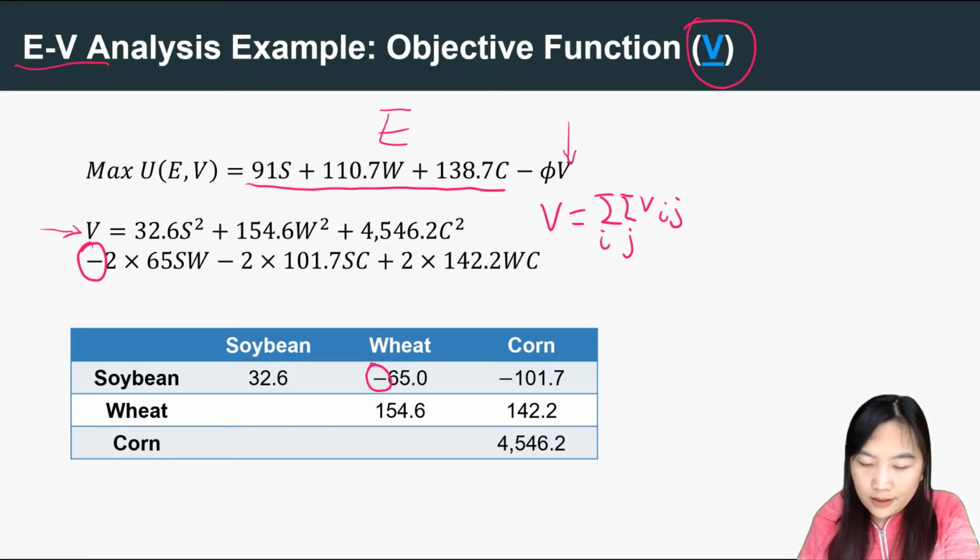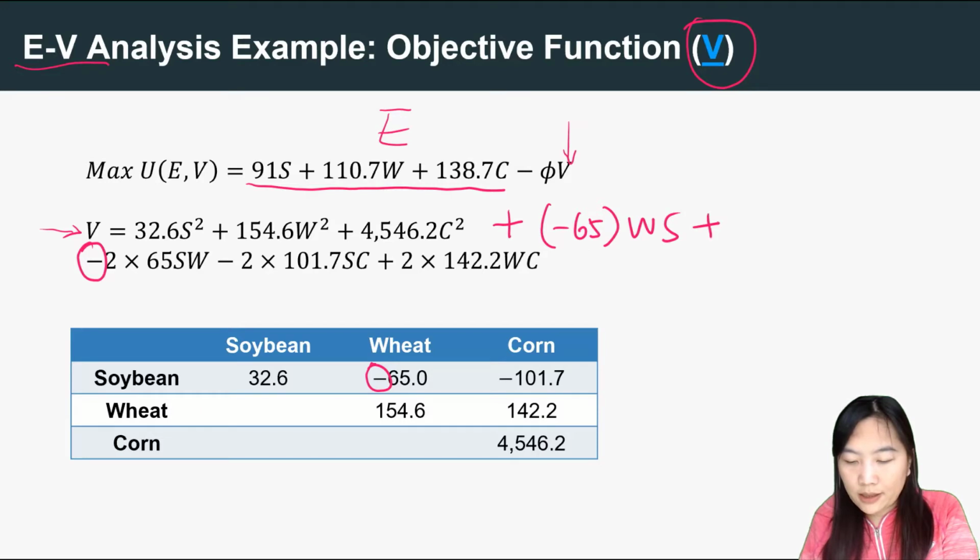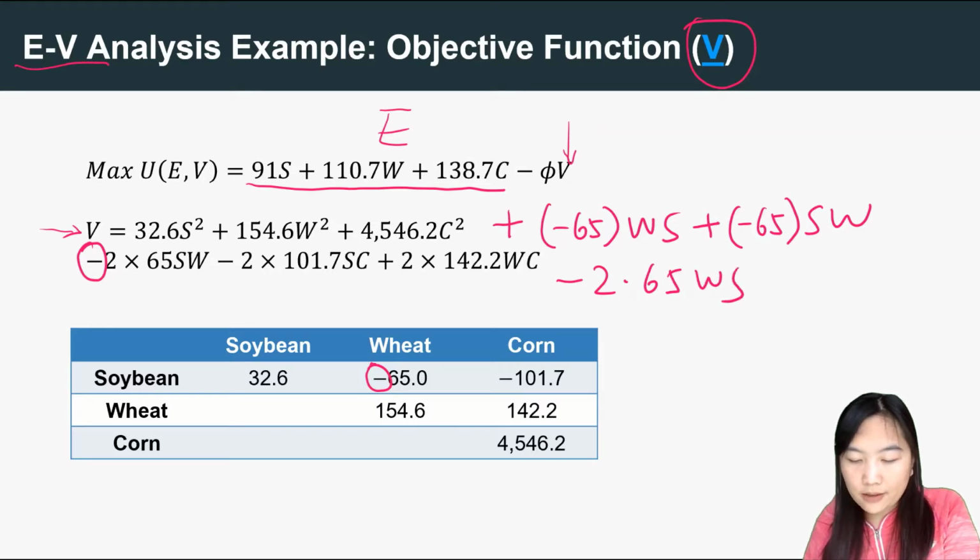So it is actually those three variance terms plus negative 65 times WS, and then plus negative 65 times SW. And if you simplify that, that becomes minus 2 times 65 WS. So that's how you get that negative sign there.